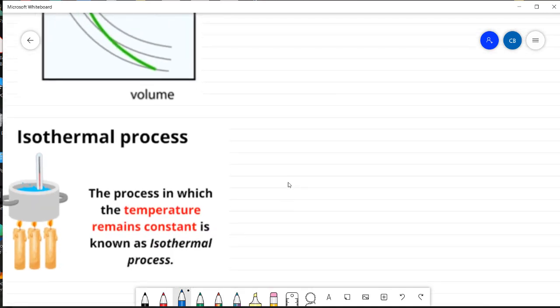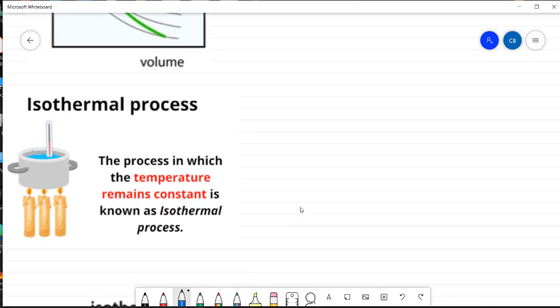And then the isothermal process. In this process, temperature remains constant, so T is constant. In our adiabatic process, heat is 0, but in isothermal, heat is not 0.